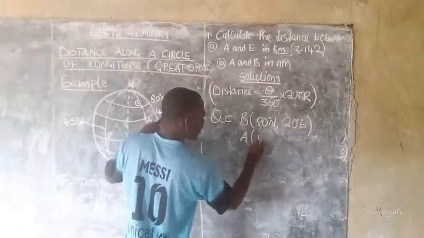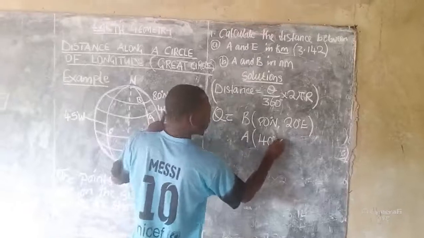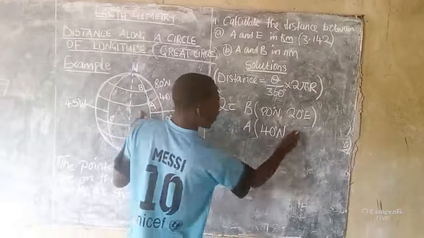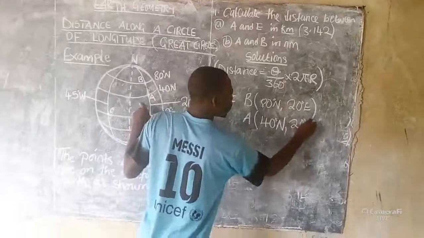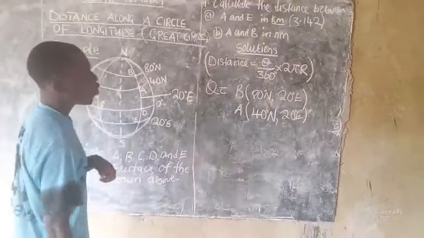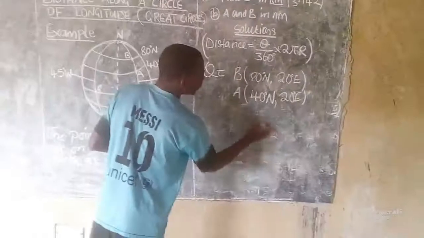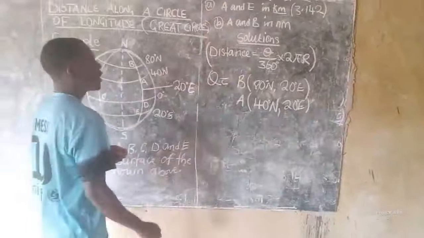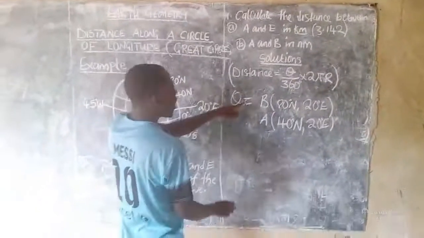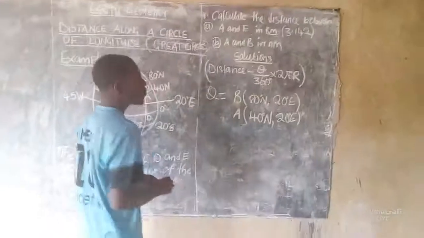A is 40 degrees north again, and we are on the same longitude. We write it like that, so we have everything like that. We are saying differences in latitude. This is where differences in degrees come in.